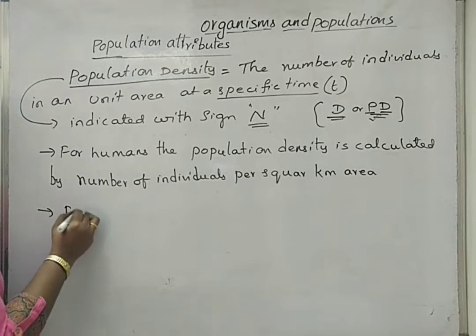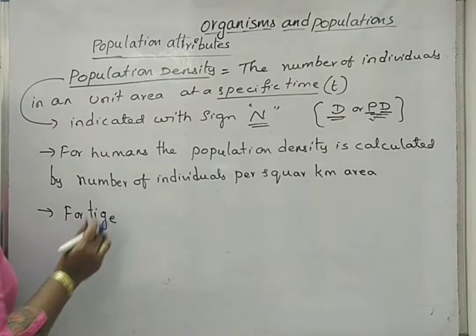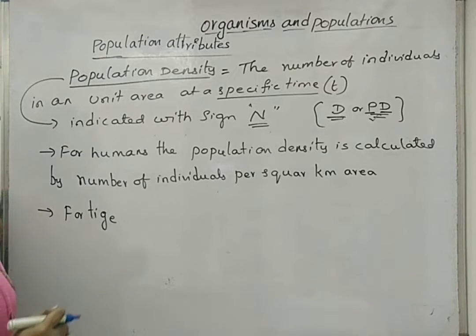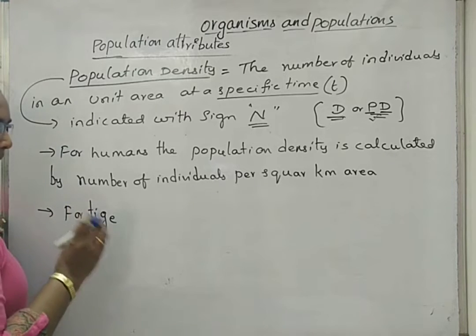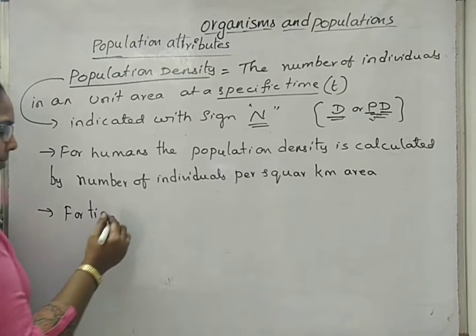But for tigers, the population density is calculated by the number of pug marks or footprints, and also the number and types of fecal pellets.